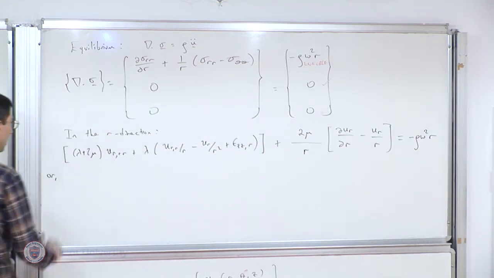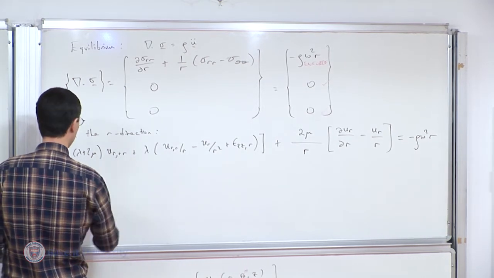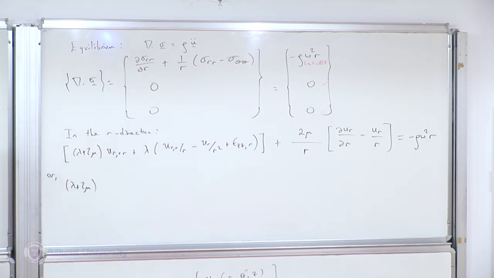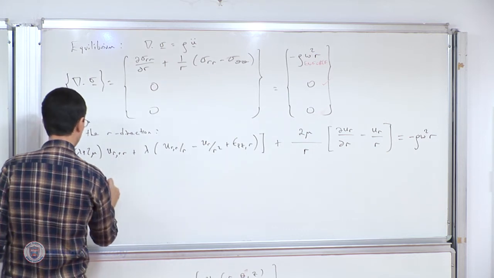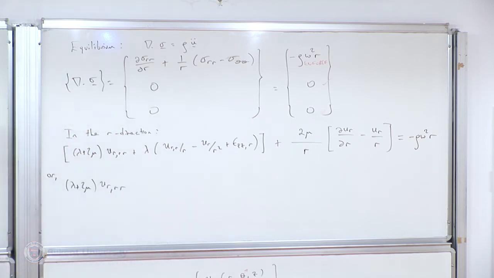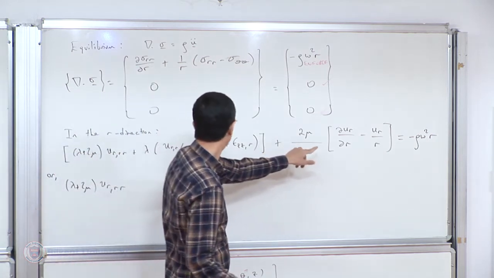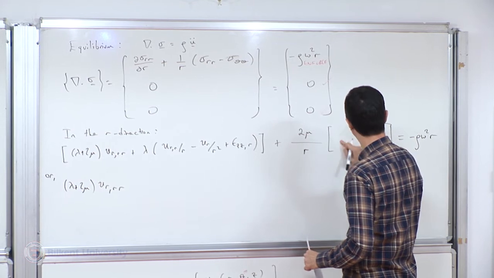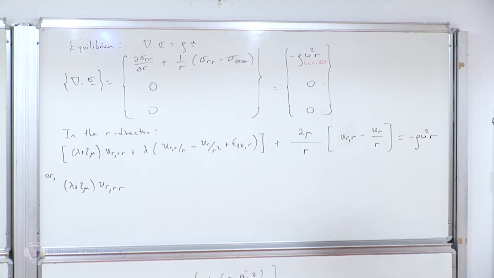As usual, we can do some grouping, and there is a typical lambda plus 2 mu factor that comes in such problems, which we have also seen before, due to cylindrical symmetry. So we're going to have lambda plus 2 mu, u r comma rr, plus lambda and 2 mu, let me write here for a nicer view, u r comma r.